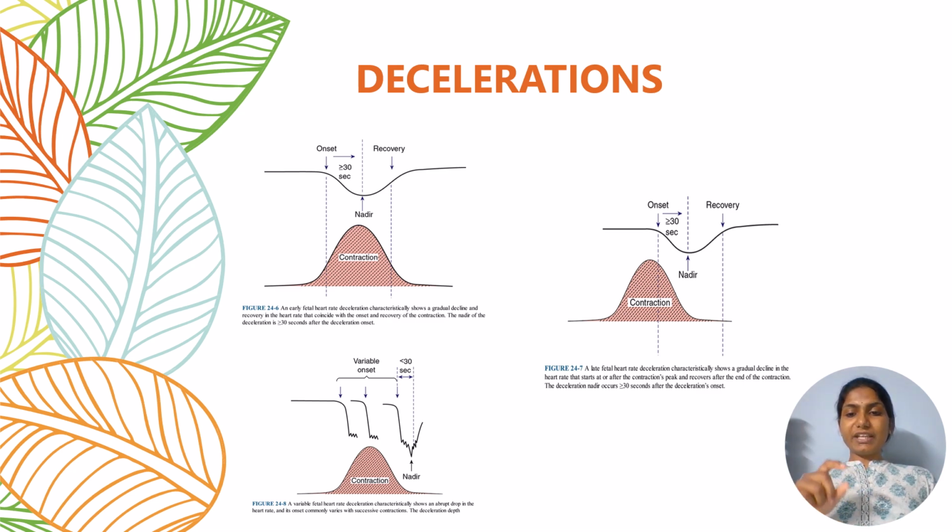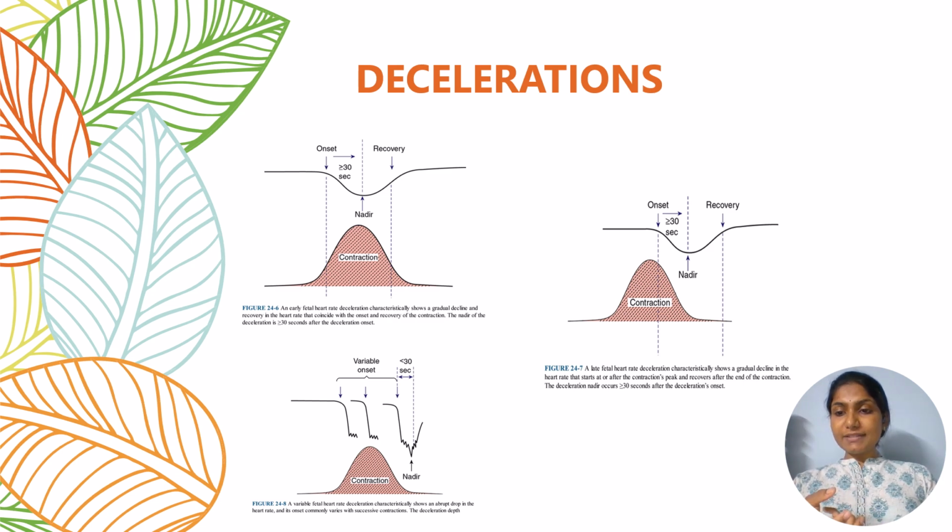The last, very important one is the late deceleration. If there is persistent cord compression or the fetus is going into hypoxia or acidosis, there is an increase in hydrogen and carbon dioxide in the fetal blood because of persistent fetal hypoxia. So there is hypercapnia in the fetus.